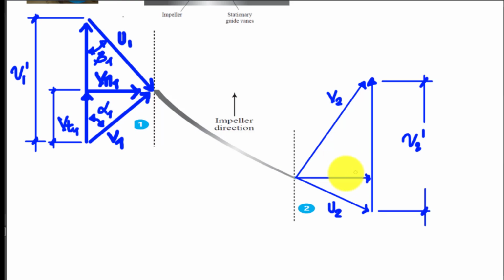Then we also have the normal component of the absolute velocity, so that we have Vn2. Then we have the tangential velocity Vt2. This corresponds to the tangential component, or in terms of the x-axis, this is its corresponding x-axis.